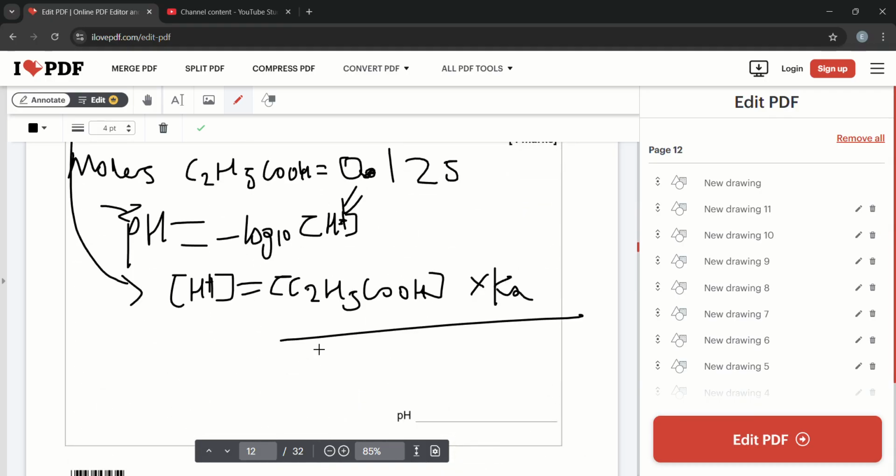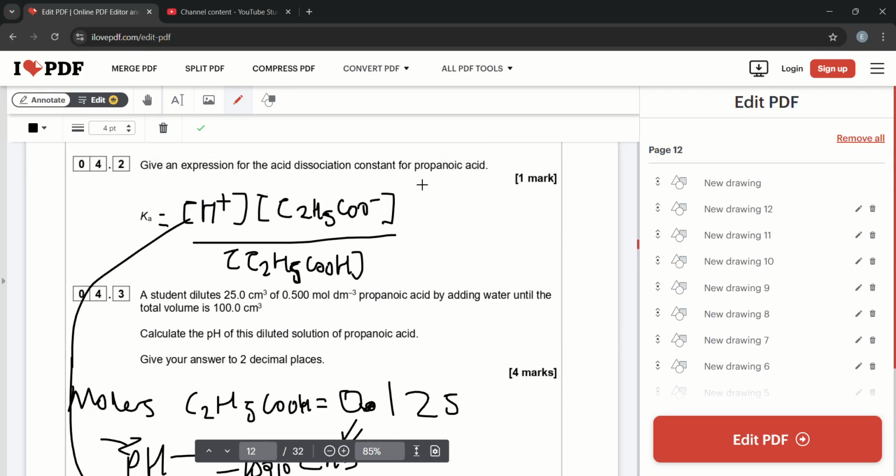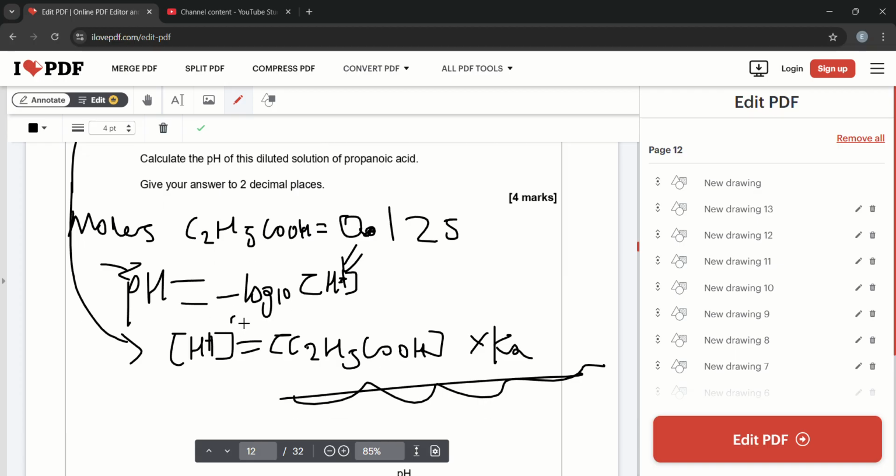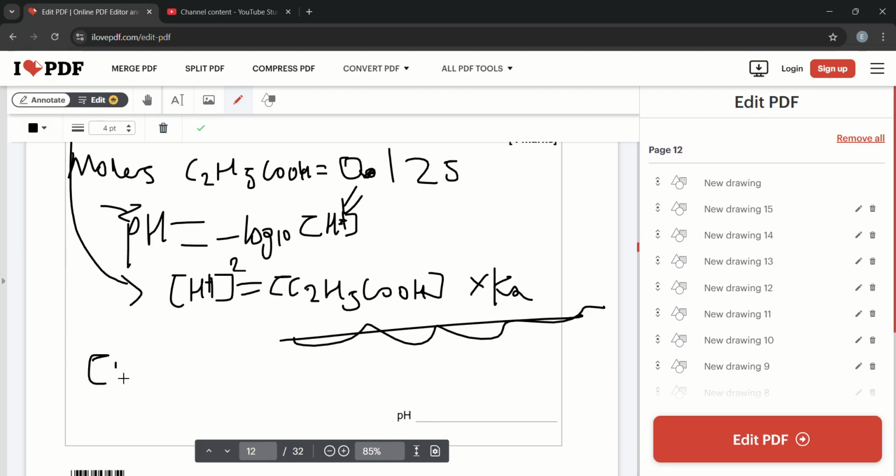But instead of dividing by C2H5COO minus, which we don't know, we can just say H plus squared is equal to this. Another thing you need to know.